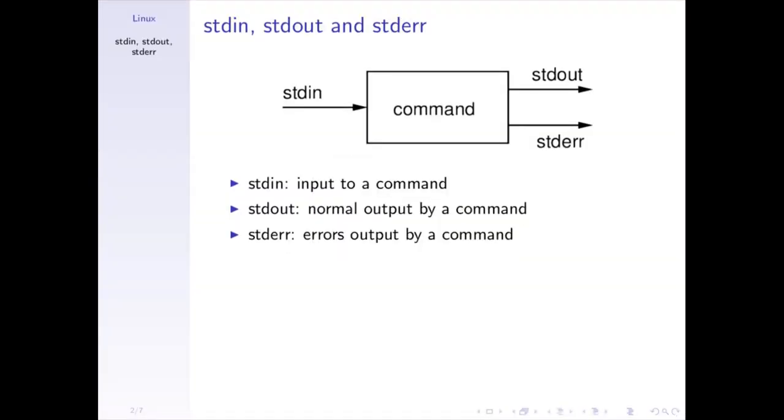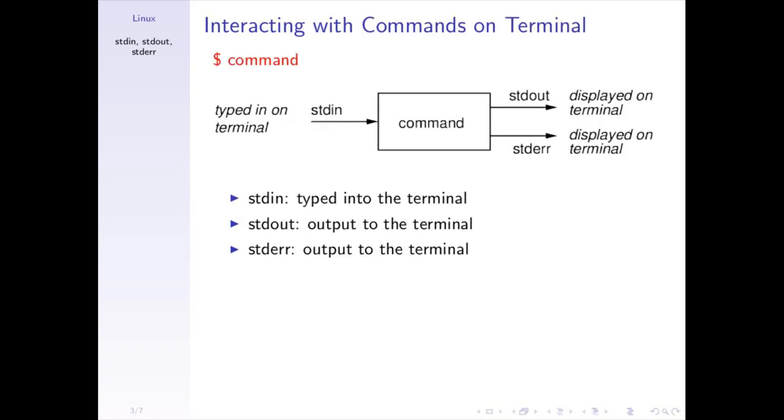So we have input to commands, normal output, and error output. Simple. And the input is typed on the terminal, and the standard output and by default standard error are displayed in the terminal.